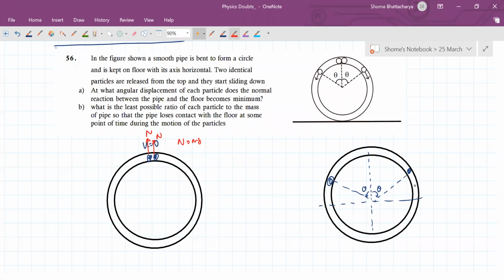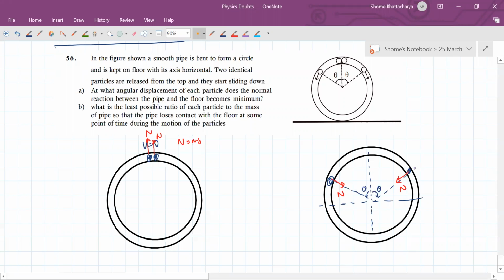now it's possible that the normal force acting on them is inverse.